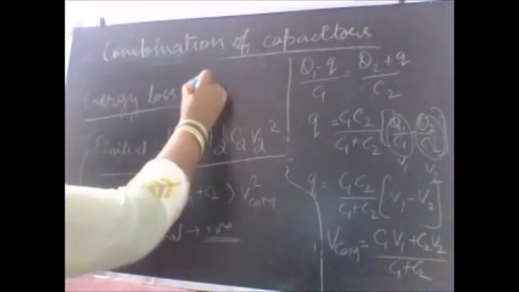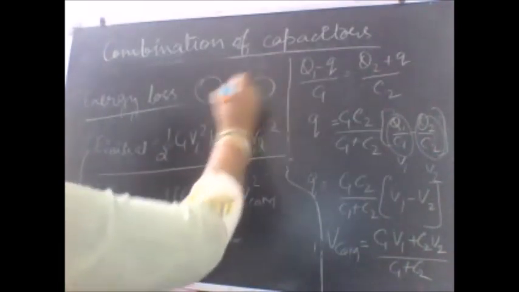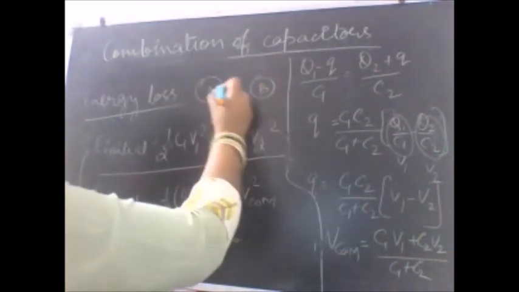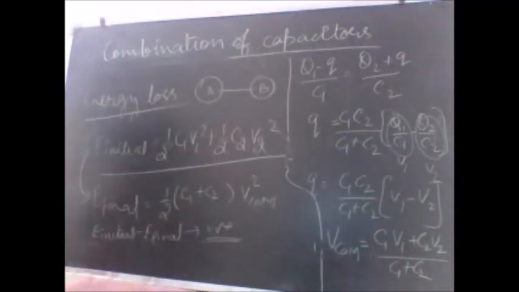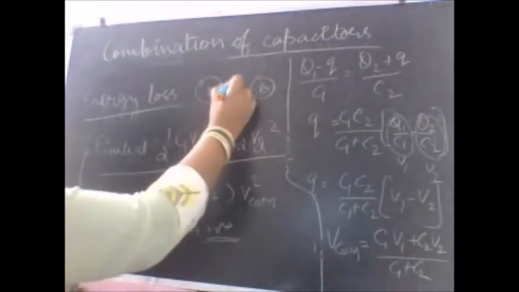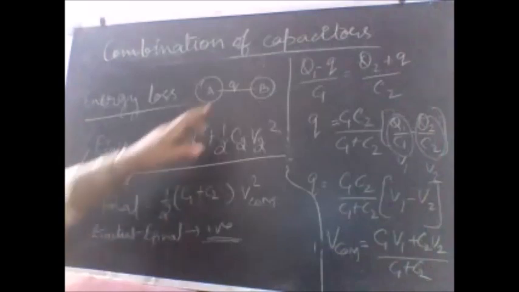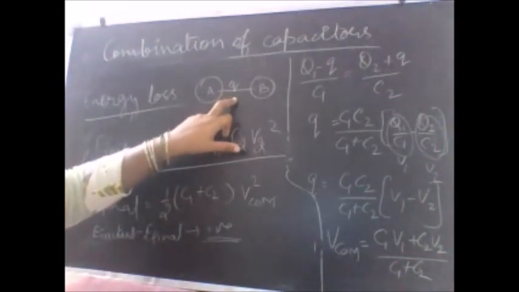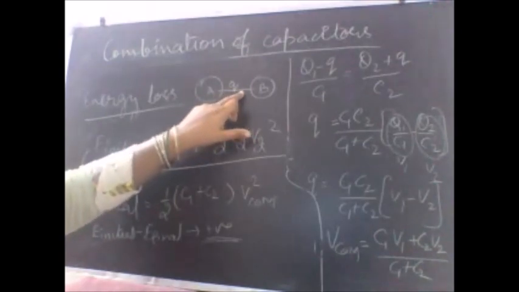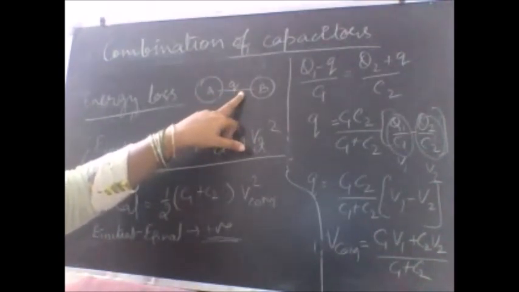Just have a look at this diagram very quickly. This was sphere A and this was sphere B connected through a wire, and when the charge flows through this wire, there is some current in the wire flowing for some time t. Whenever current flows through a wire for a certain time t, heating effects are produced.